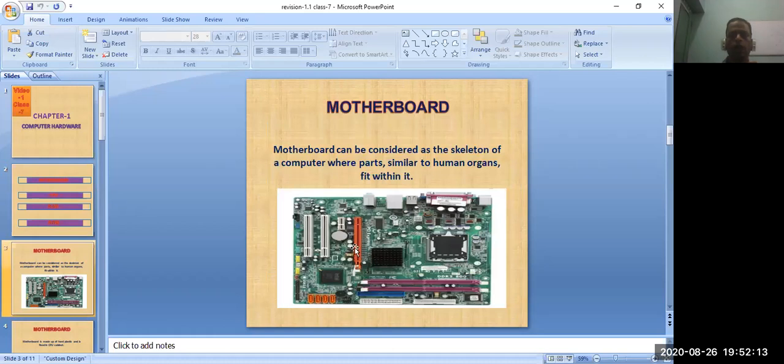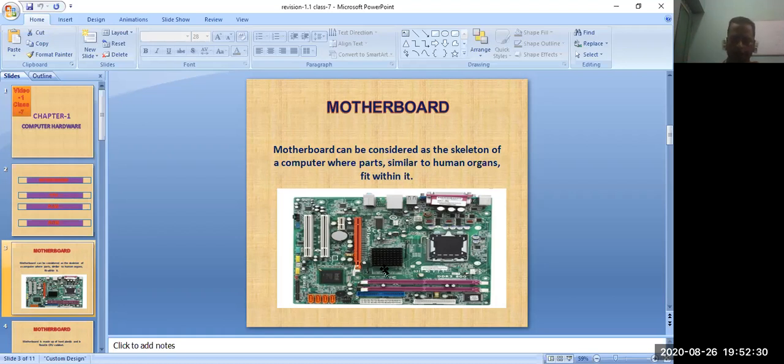The internal hardware is inside the CPU cabinet, and all the peripheral devices are attached to it. Now you can see another image of the motherboard.